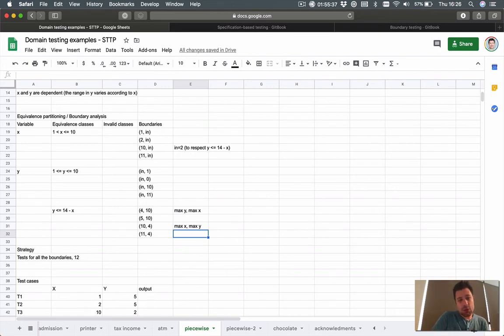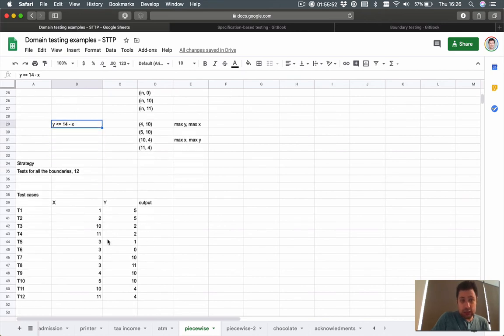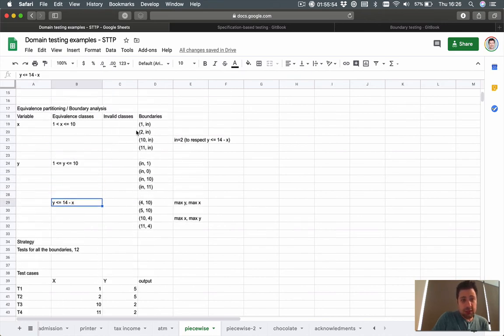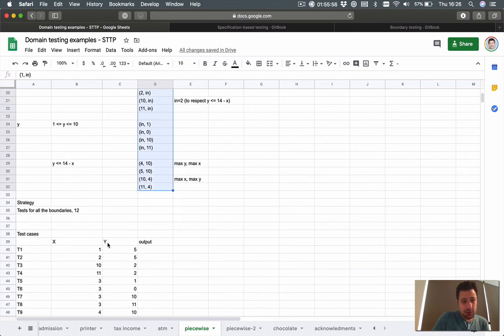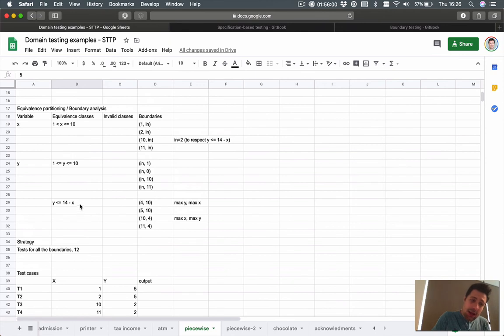So this is one way to do this, by looking at each one of the restrictions separately and trying to explore the restriction as much as you can. And then I derived tests for the 12 boundaries that we have in here. So 12 tests directly. But analyzing this function is a bit tricky.